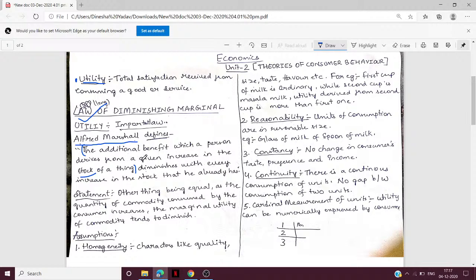This is the first part. And the second part of the same statement says that it diminishes with every increase in the stock that he already has. See, there is a subsequent decrease with every increase in the stock. Hope you are understanding.